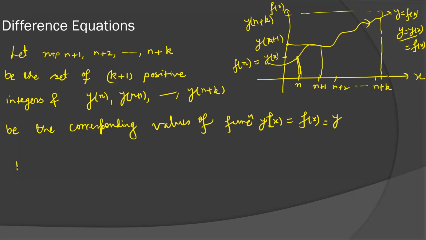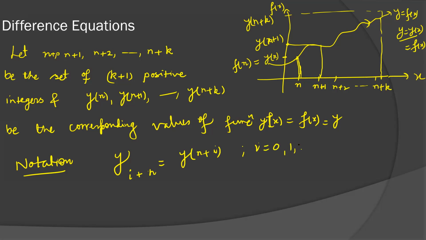I am going to introduce a notation here. y sub i plus n is equal to y of n plus i, for i equal to 0, 1, 2 up to k.